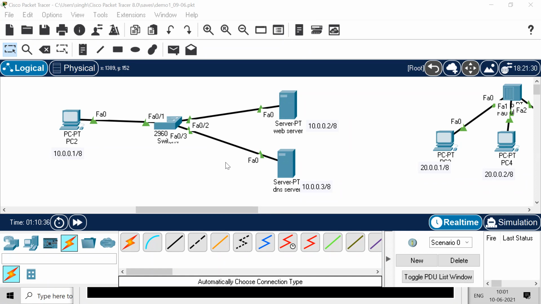OSI was just defining the functionalities, what each layer should do. It was not ready with the protocols that would do it. That was ready with the TCP/IP protocol suite, because it was a protocol suite. There were a lot of protocols already doing this functionality, but they were not defined in a proper layered manner. Later on, it was made into a proper layered architecture.